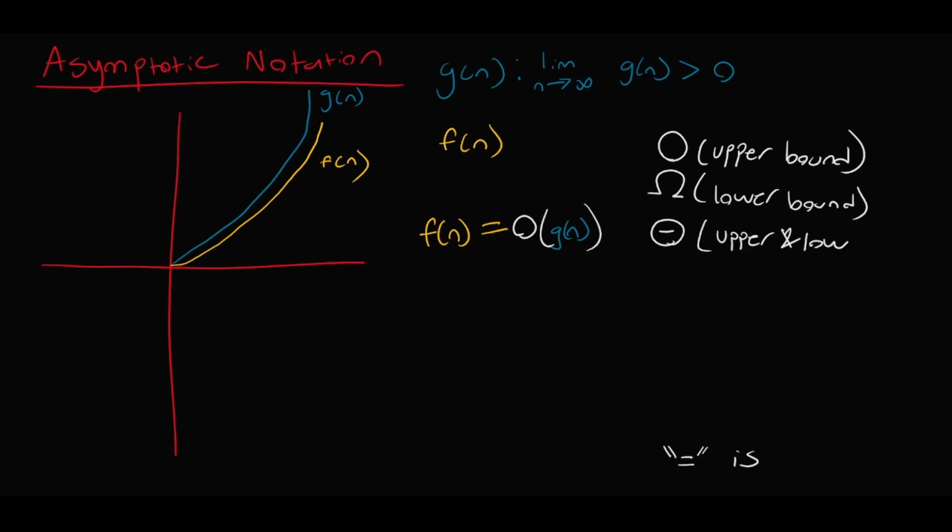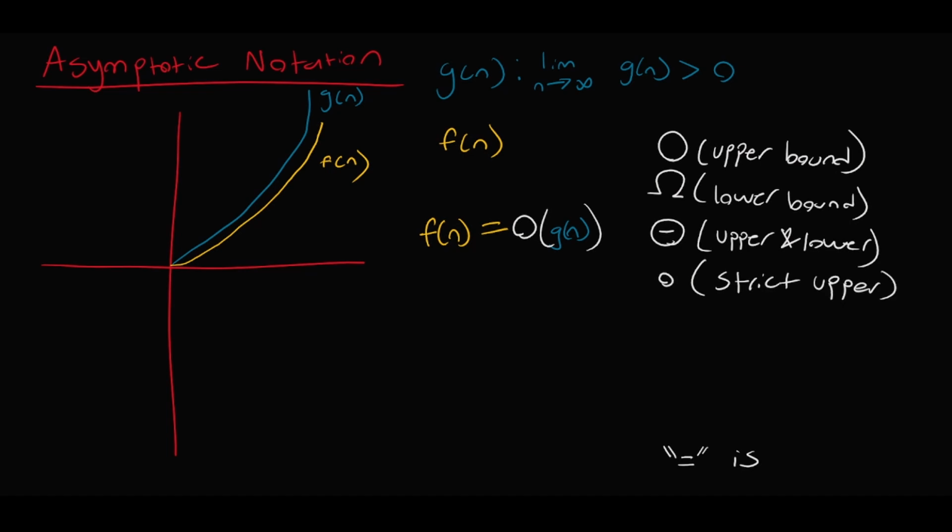And we have little o, not little omega, this is little o, smaller than big O. That's why we call it big O. Little o means strict upper bound.